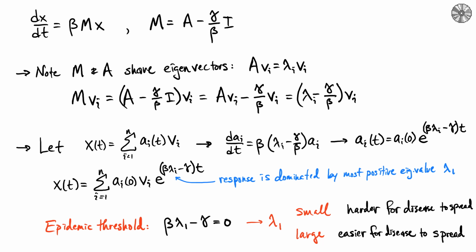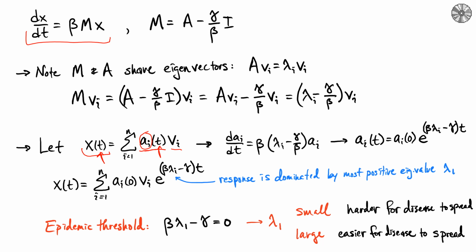In studying the dynamic behavior of this differential equation of just x, we can use an analysis very similar to what we did in diffusion, which is to represent the state x as a linear combination of its eigenvectors. The coefficients, these ai terms, are a function of t, so ai also becomes a function of t.